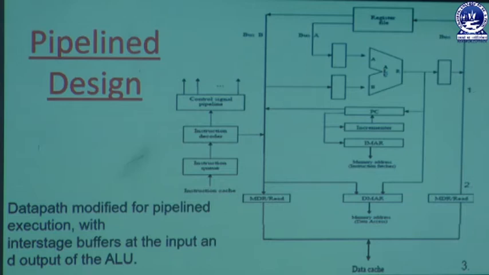So basically whatever data we provide to the ALU or collect from the ALU, that path is modified only for the pipeline execution, because we have already discussed in the pipelining concept that if the data or the instruction is unavailable, it gives rise to a condition called hazards. The unavailability of data is called a data hazard, and the unavailability of instructions is called an instruction hazard.